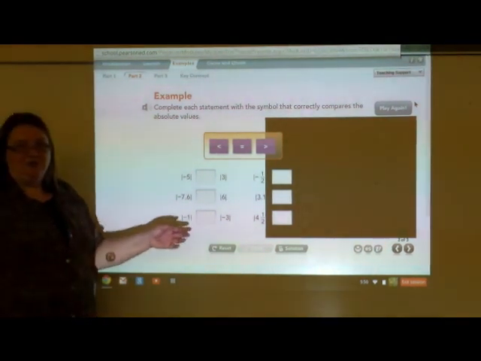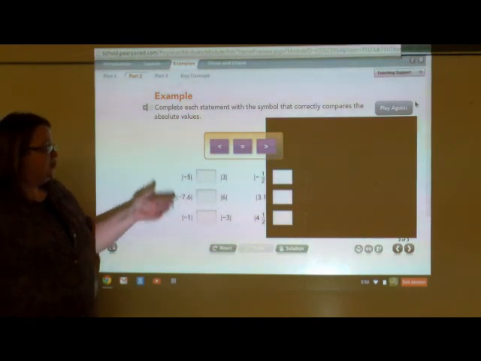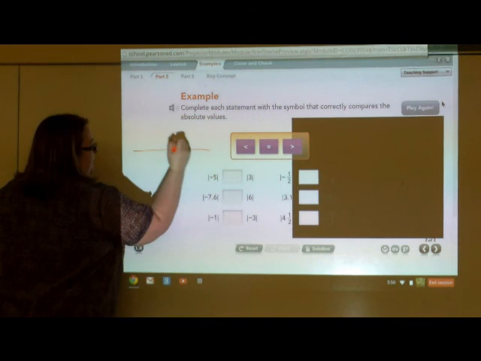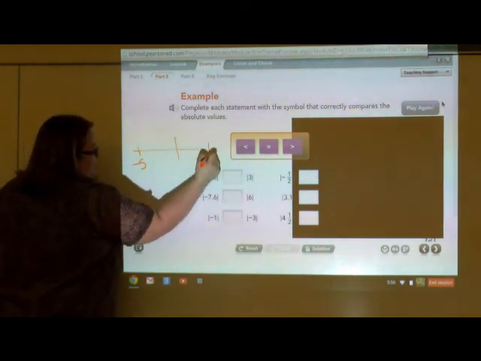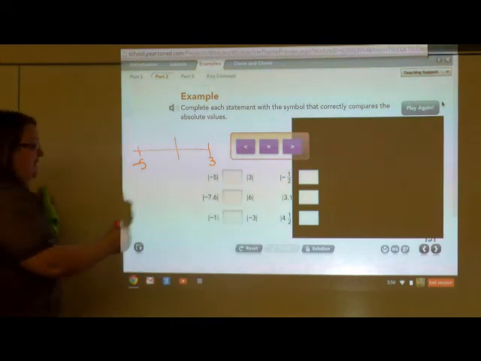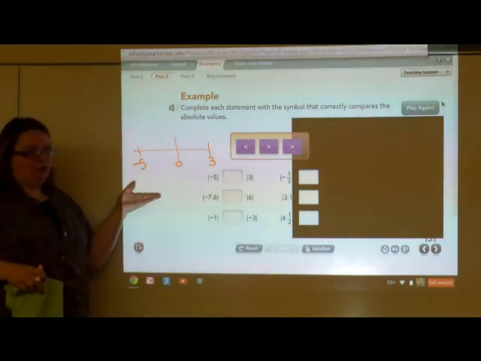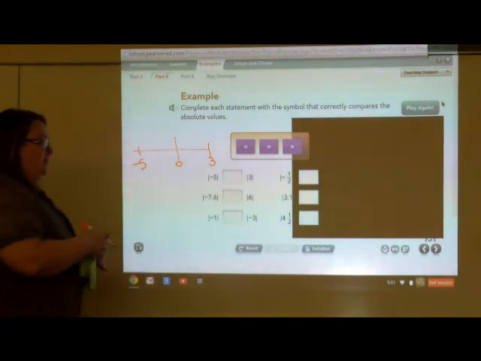That didn't work out so well for us, did it? But let's look at these ones for the moment. So what she's saying is you're going to look at that number line. And -5 is over here, and 3 is over here. And we know -5 is definitely smaller than 3. But if I take their absolute values, what happens?